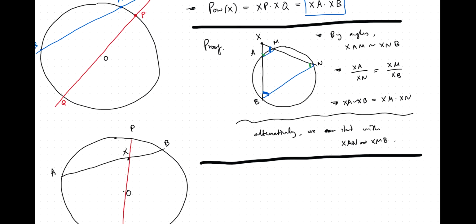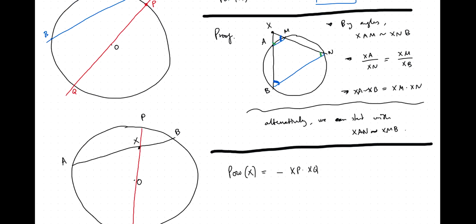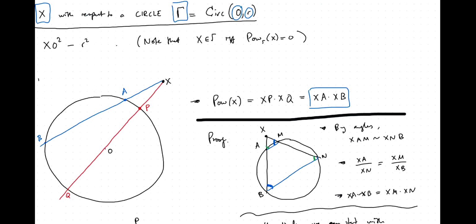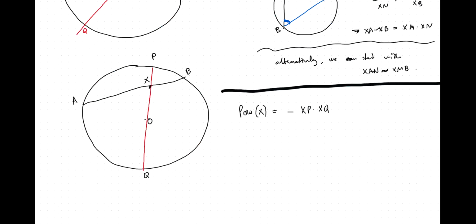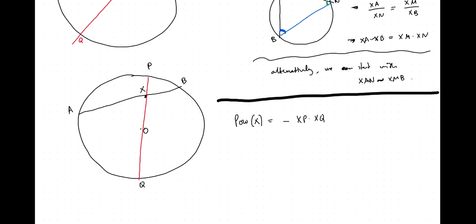And as I told you, if we use directed lengths, we will not even need to put the minus, because the minus really comes because xp and xq are in different directions in this case. So it naturally brings the minus. And in the other case, they are in the same direction. But if you don't think about it like this.